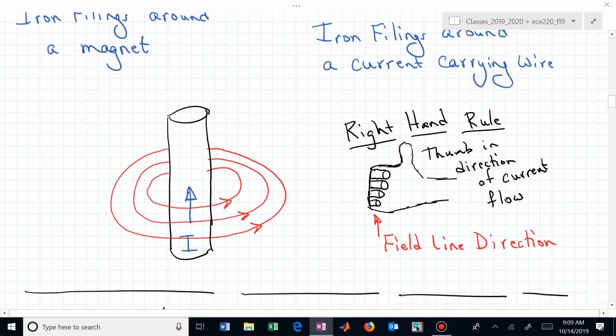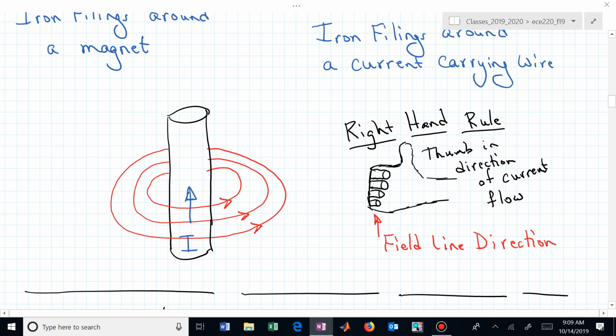Humor me with my drawing, but it took me 2 hours to try to draw that thumb sticking up with a hand showing the curls of your fingers. Those fingers now indicate the field direction, the direction that the magnetic field is oriented relative to the current flowing through a wire.